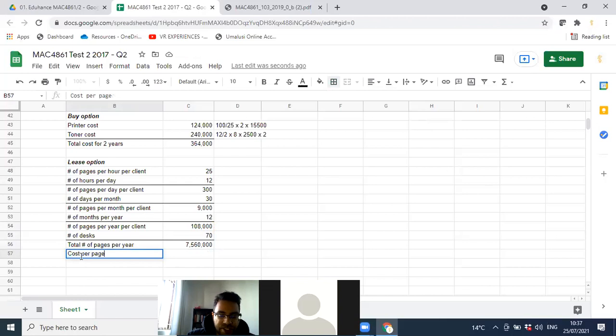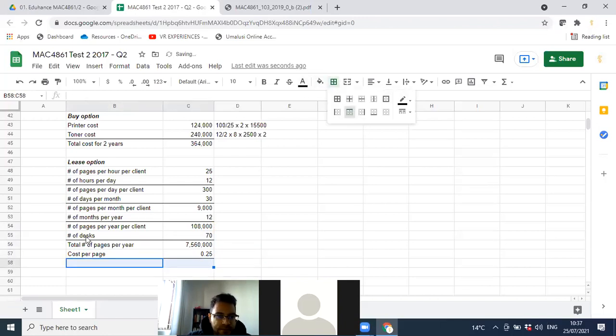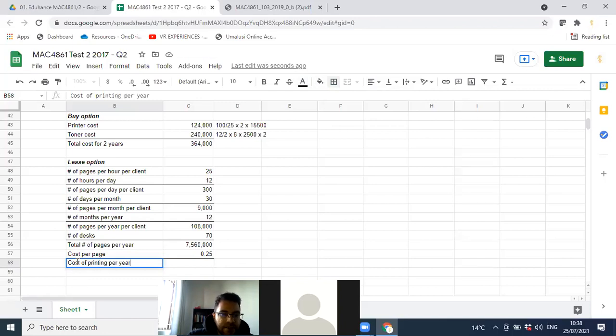Cost per page, it is 0.25. Cost of printing per year is equal to that multiplied by that. That's only per year. Remember, we need to get it for 2 years.